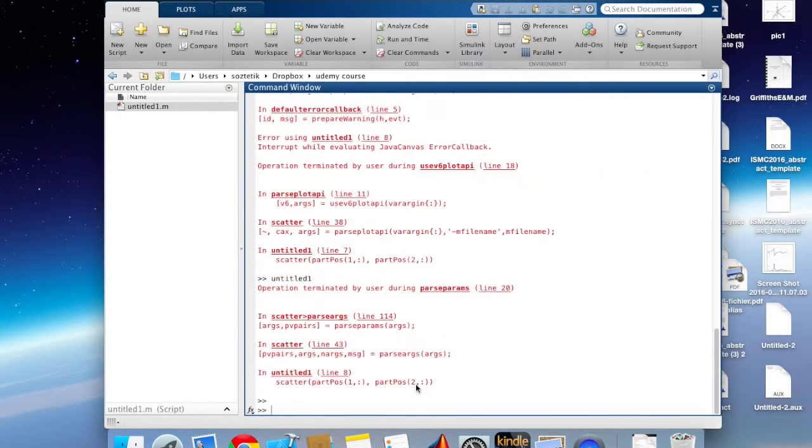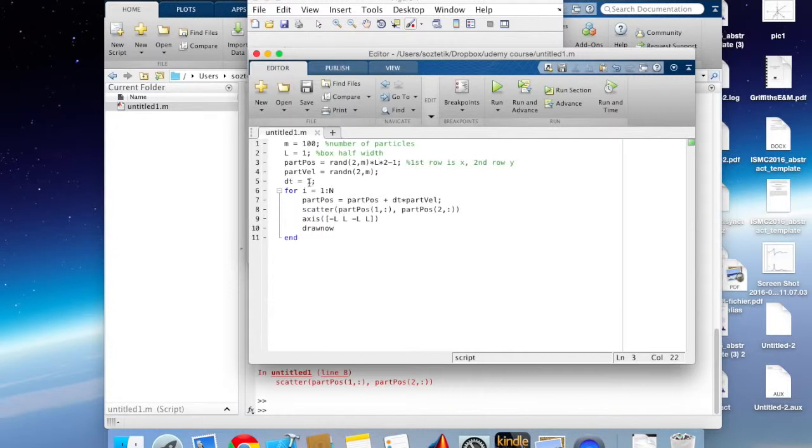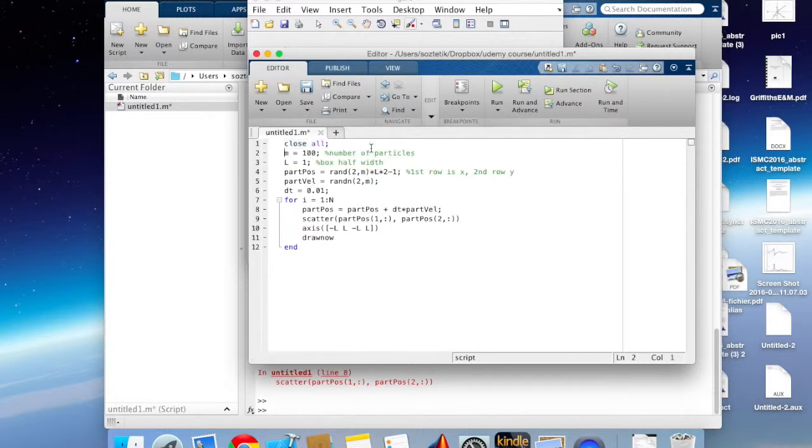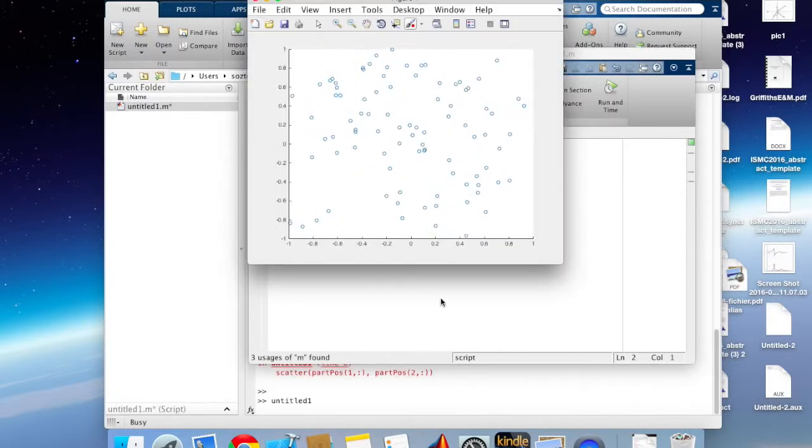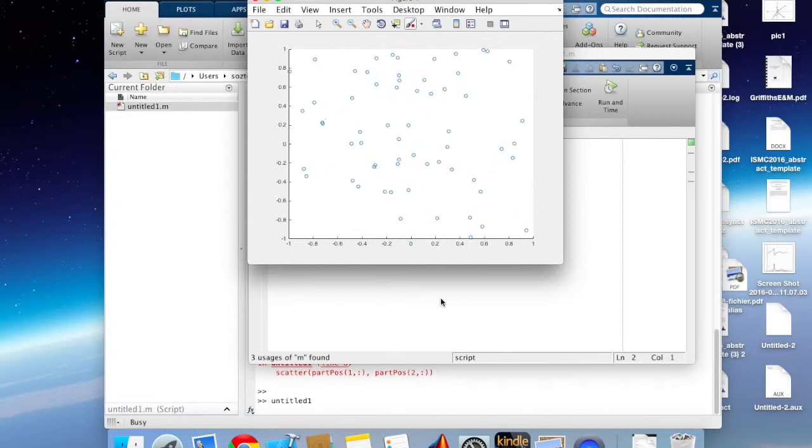Okay, this was probably too fast. We need to reduce the delta t and close all. Okay, we can see how our particles are moving.